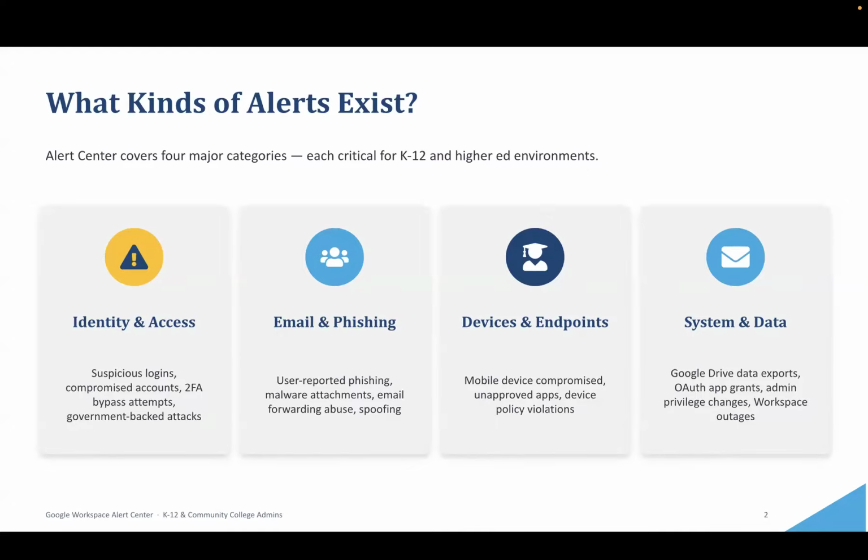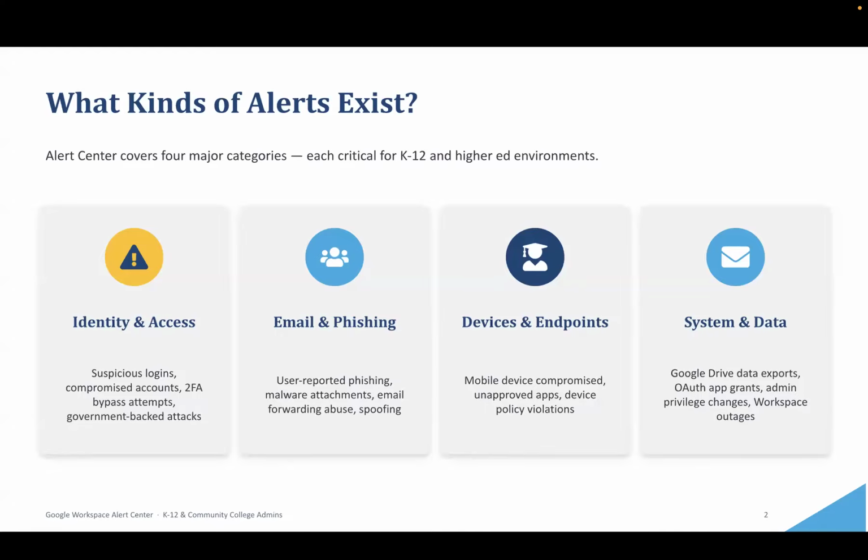And then we can also get system and data alerts. Are our users getting close to their Google Drive limit? Or what OAuth apps have been granted access to a user's permissions? Admin privilege changes: say we've got a Google admin user and they go in and grant other people Google admin access.